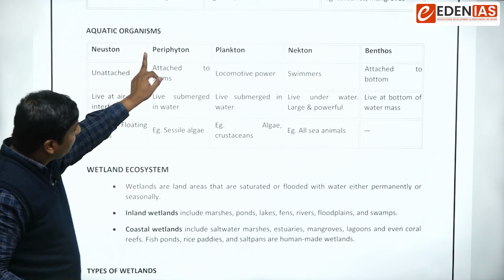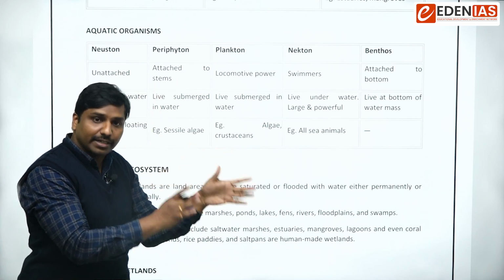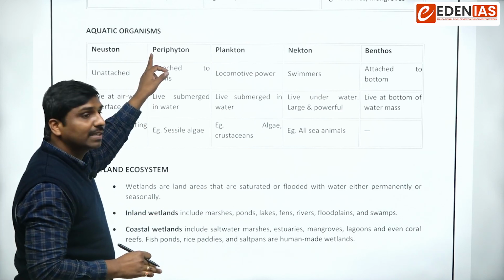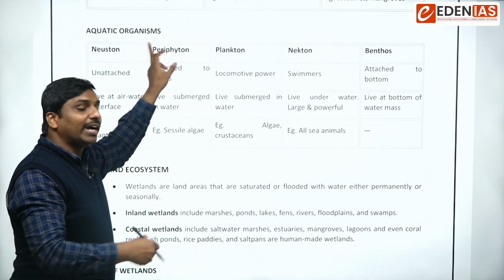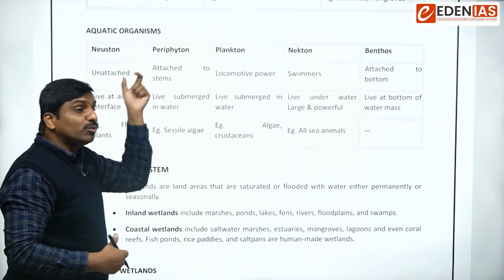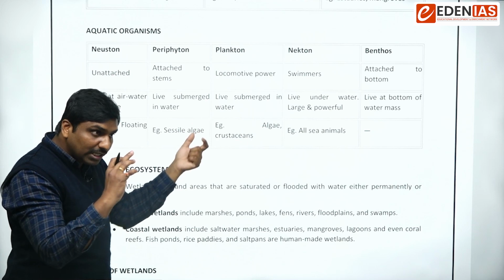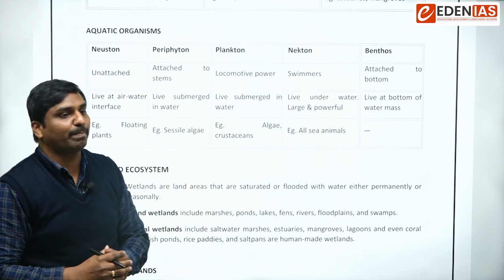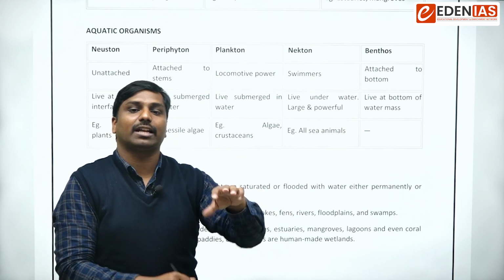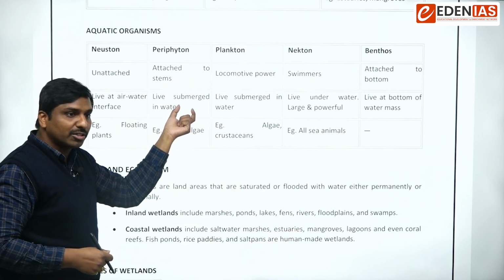Then periphytons. Look at the names in science or in environment and ecology. You have to go through the words. Peri means around, phyton means plants. Those organisms which are attached to the stems of plants, or which live in and around the stems of plants, are periphytons. Usually they are submerged in the water.